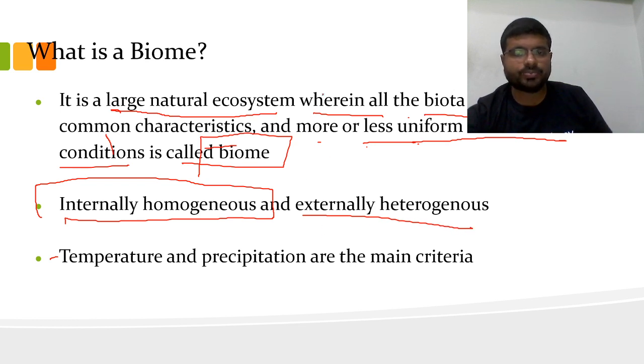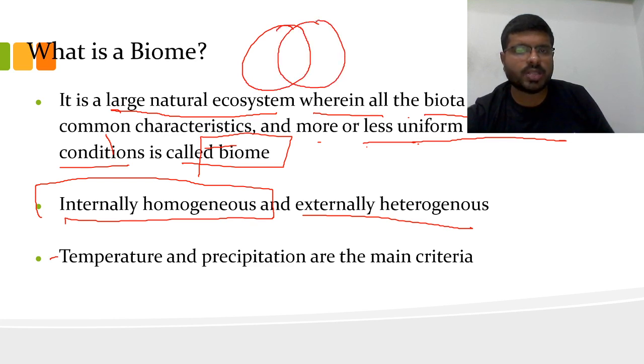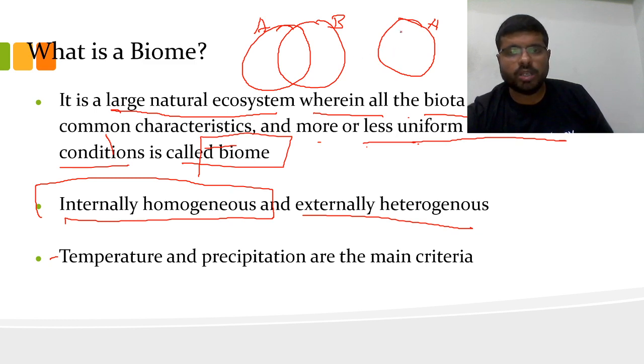So if this is one biome and this is another biome, imagine first I will be discussing A. If you take any point within this region, it tends to have minimum common characteristics of biota and more or less the same uniform conditions. That's why it is internally homogeneous. What is homogeneous? Same.